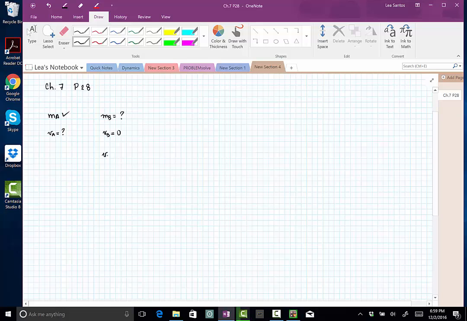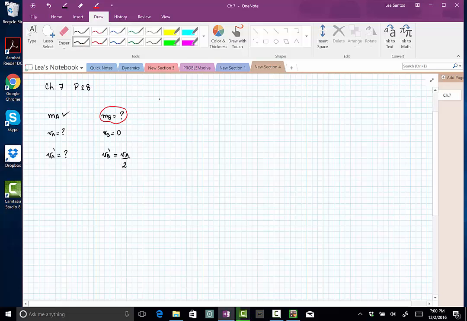So after the collision, the speed of ball B is half of what ball A originally had, and we do not know about the speed of ball A. So the first question is: what is the mass of the second ball?